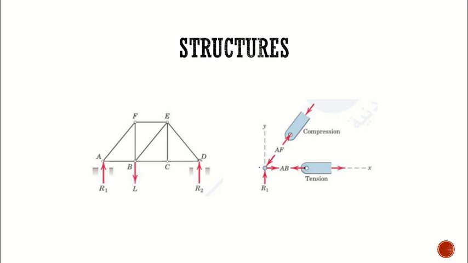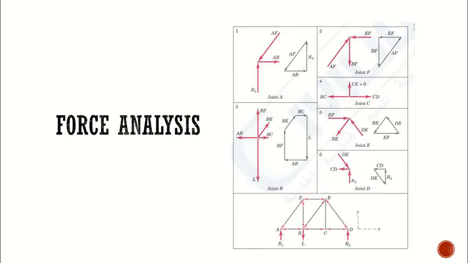With this clear, the analysis begins in any joint where there is at least one known load and where no more than two unknown forces are present, taking into account that tension forces such as AB will always be indicated with an arrow away from the pin, and compression forces such as AF will always be indicated by an arrow towards the pin. This process is carried out with the rest of the joints.